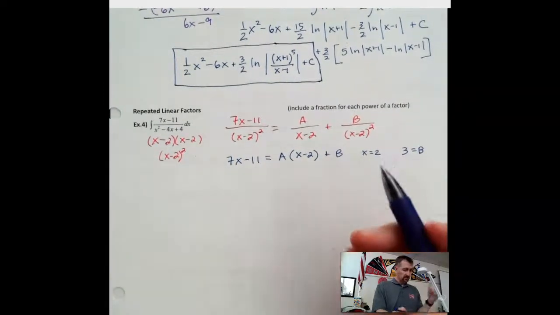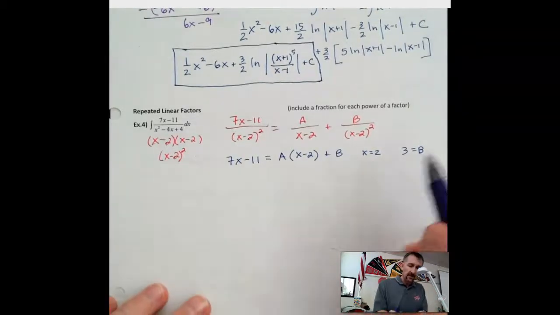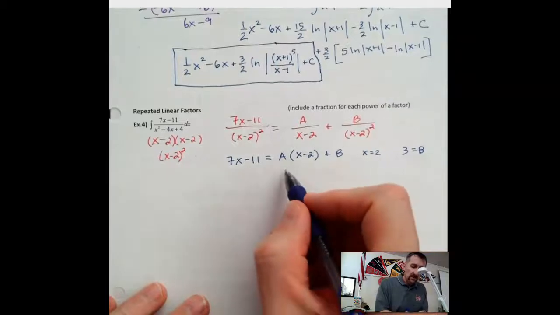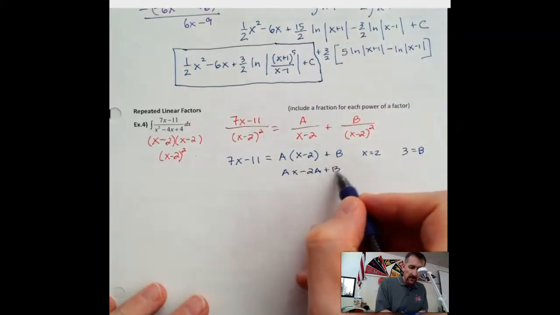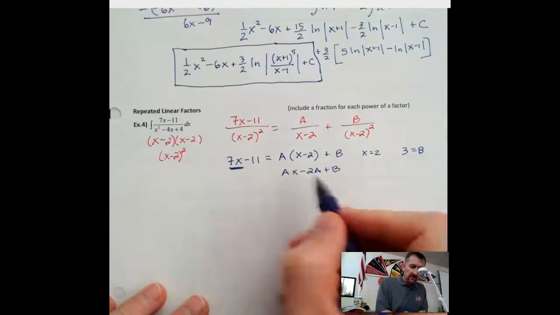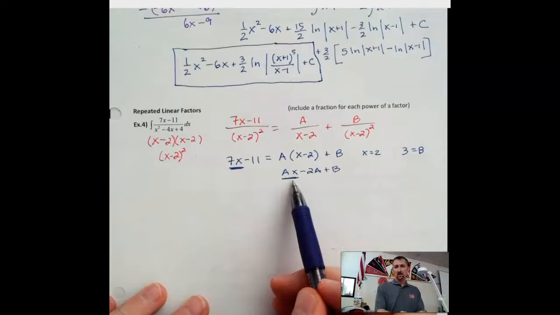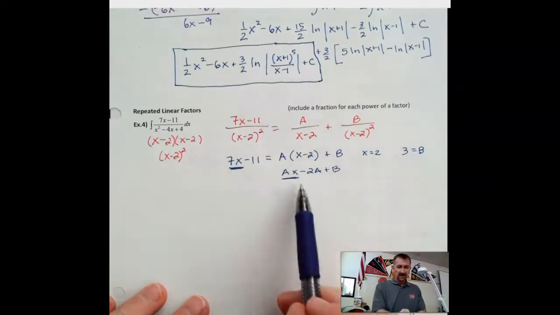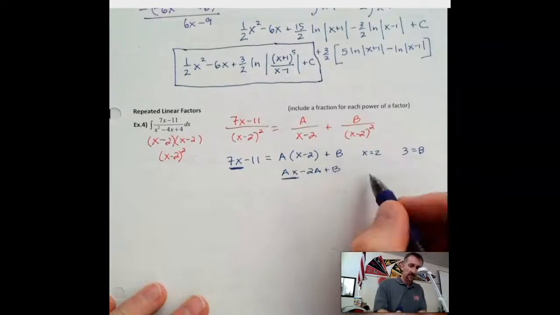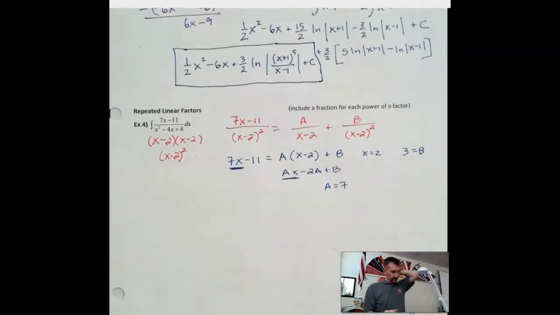And so if B equals 3, we can do what? Well, actually, we can find this out faster. If we multiply this out, we have Ax minus 2A plus B. You notice that the only term with an x in it is this term. I could plug that in and do something, but I can see that A has to be 7. There's no other choice.